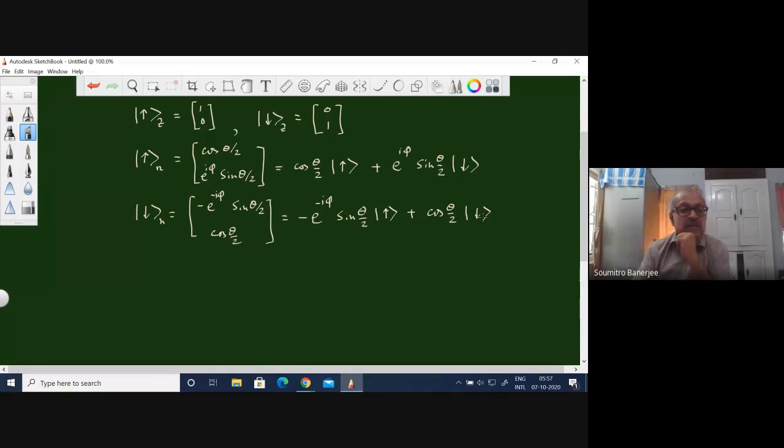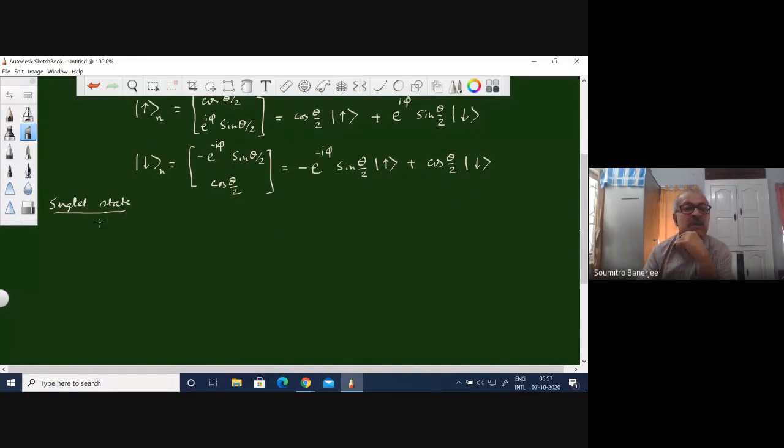So therefore, the singlet state in this particular n direction will be written as 1 by root 2, up n, down n, minus down n, up n, right?